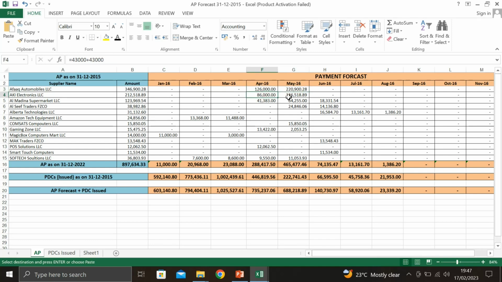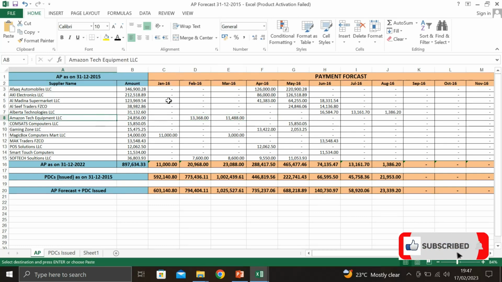Similarly for the second supplier I have forecast like this, for the third supplier also like this, that this much payment in April, this much in May. Then for LC Traders I will pay them this balance in May and June. And for Alberta Technologies I forecasted that I will pay in June, and July and August I will finish their balance. And Amazon Technologies, in Feb I will pay this much, and in March this much, and Comsets.